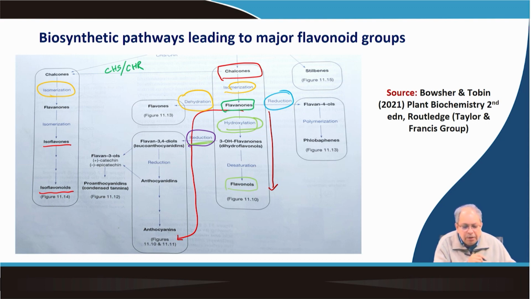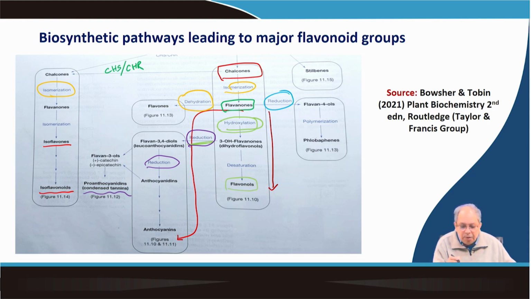Leucoanthocyanidins are colorless, and they may undergo reduction and form anthocyanidin, which eventually forms anthocyanin, the colored components. Or these flavan 3,4-diols will be converted into flavan 3-ols, which are the catechins and epicatechins, components of green tea polyphenols, and which eventually join together and form the condensed tannins. So, these are the different routes which originate from the chalcone.